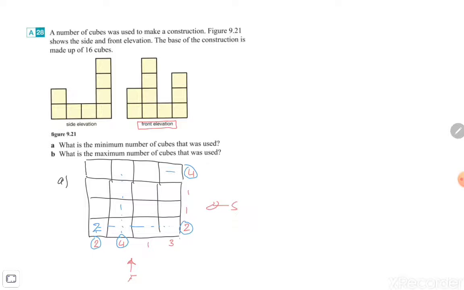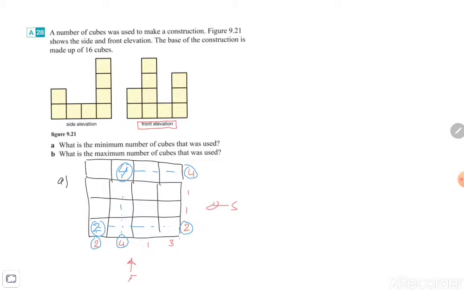So there needs to be 4. Alright, so we already have 2 buildings, which means that we already have a part of the front and the side elevation.